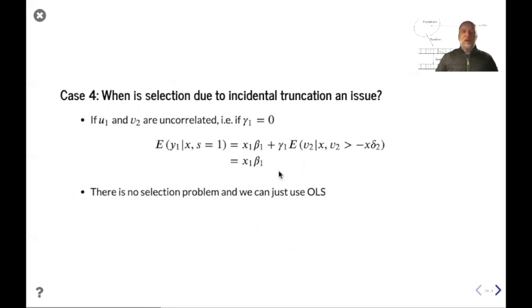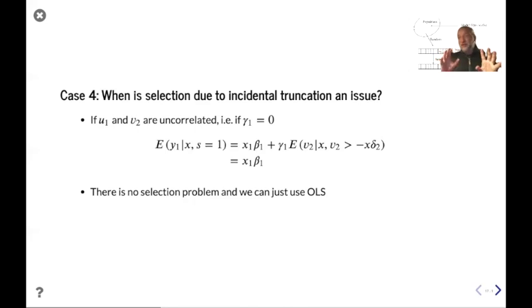Now let's just focus on the simplest case first, where gamma is equal to 0. That is, when u1 and v2 are uncorrelated. So, for example, take the example of ability: it's completely different abilities that determine whether you are participating in the labor market and whether you are getting higher wages.